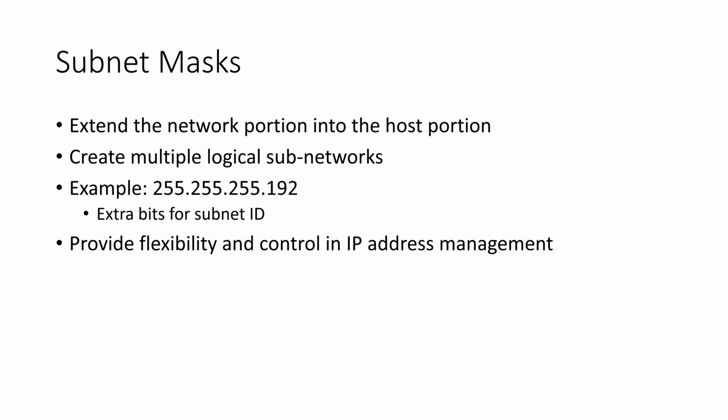Now, when you need more flexibility than natural masks offer, you use a subnet mask. A subnet mask extends the network portion of the address by borrowing bits from the host portion. Those extra bits are then used to identify individual subnets. For example, instead of using the natural mask of 255.255.255.0 for a class C network, you might use 255.255.255.192.